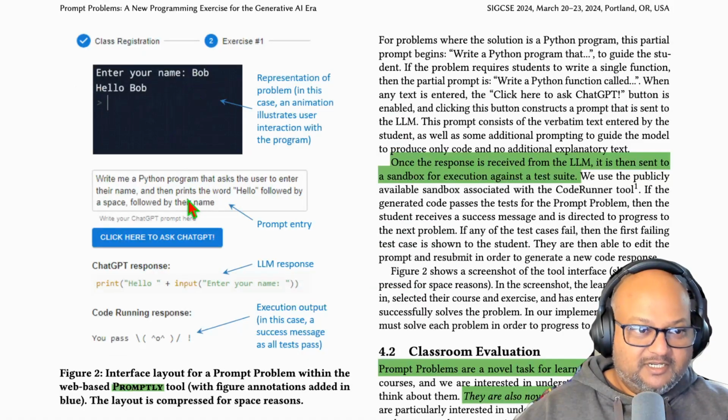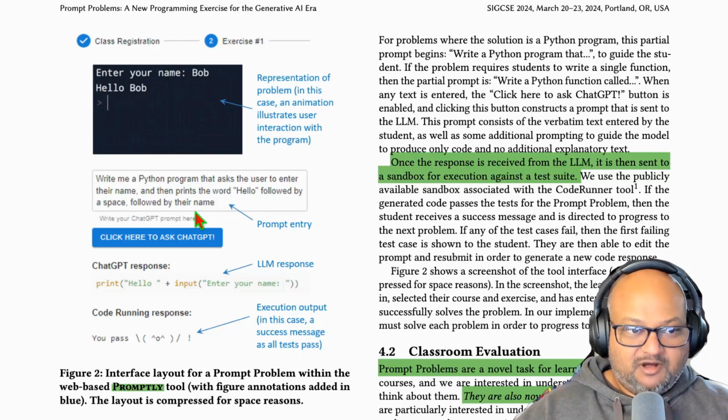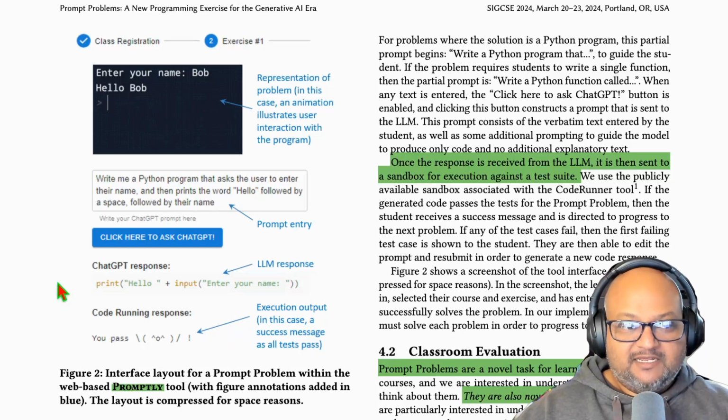So this is what that tool looked like. There's a representation of the problem, either input-output pairs or the desired output. There's a text box where the student can enter their prompt. And when you click to ask ChatGPT, it generates some code. And then in the back end, when you submit that code, it's run against a bunch of tests.